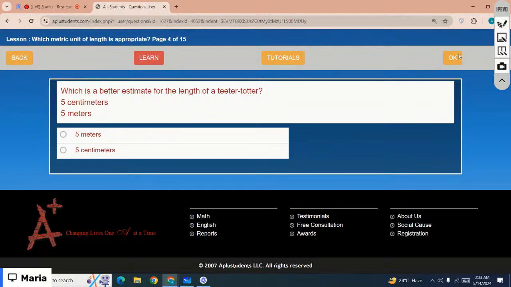Which is a better estimate for the length of a teeter totter? 5 centimeters or 5 meters? Which is the correct option?